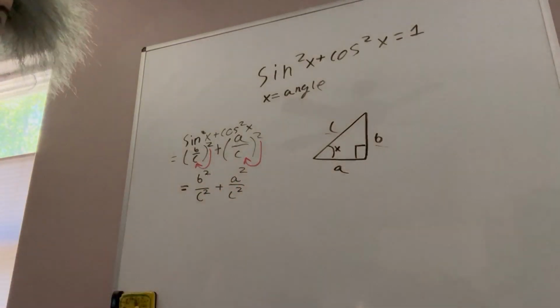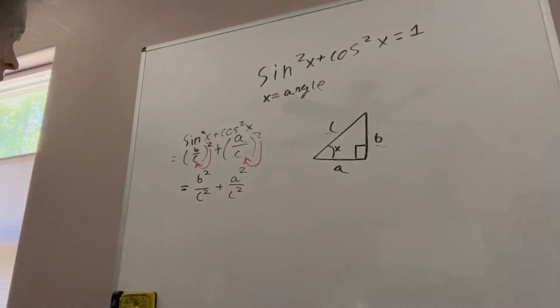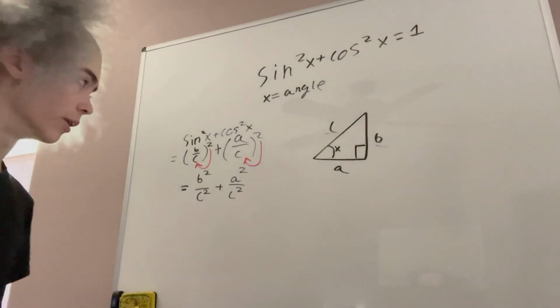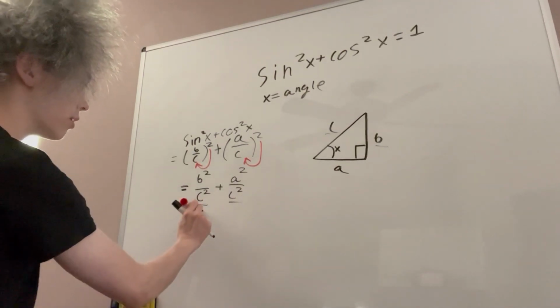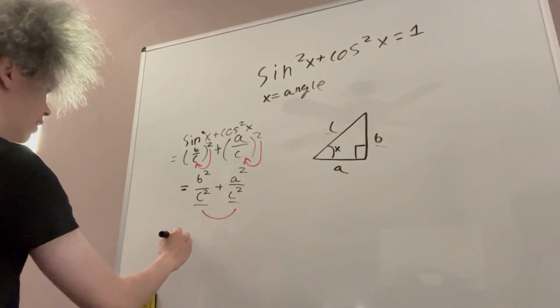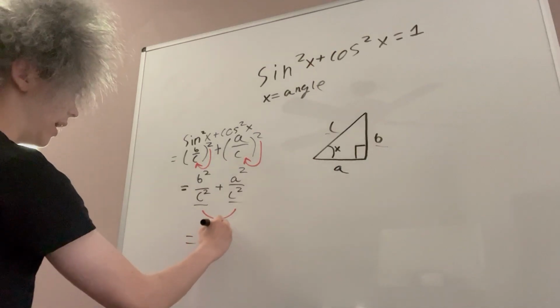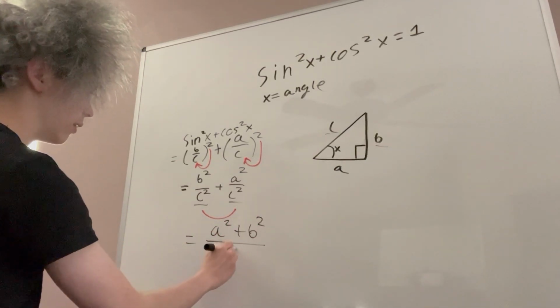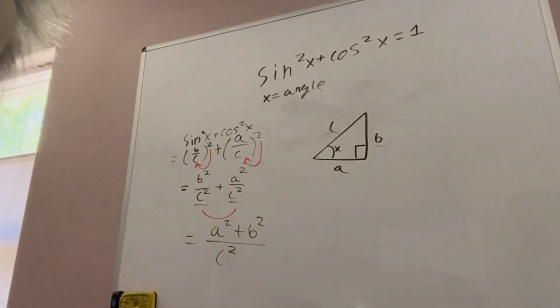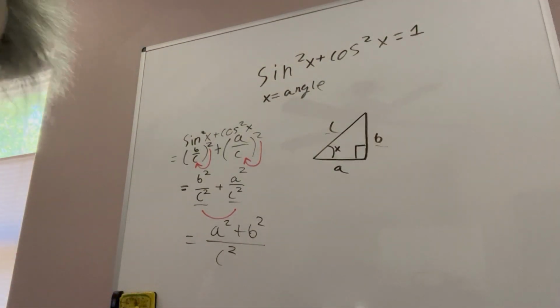Okay, because we can do that. There's no addition or subtraction inside of our parentheses. We can distribute in those exponents, right? From here we have a common denominator. So we can combine these and get a squared plus b squared, and I reversed the order there, because if you see it, you'll know now why it's called the Pythagorean identity.